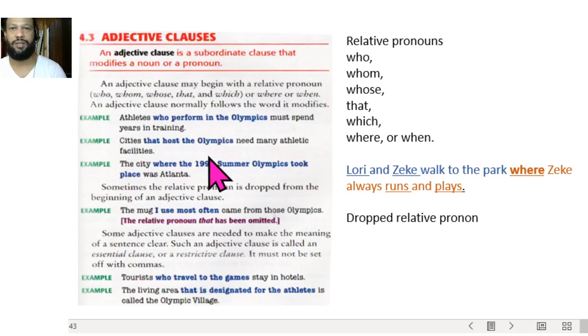Let's see the second one. Cities that host the Olympics need many athletic facilities. That host the Olympics is the clause. It is a subordinate clause, a that clause, an adjective clause because it says what cities we are talking about. You see?